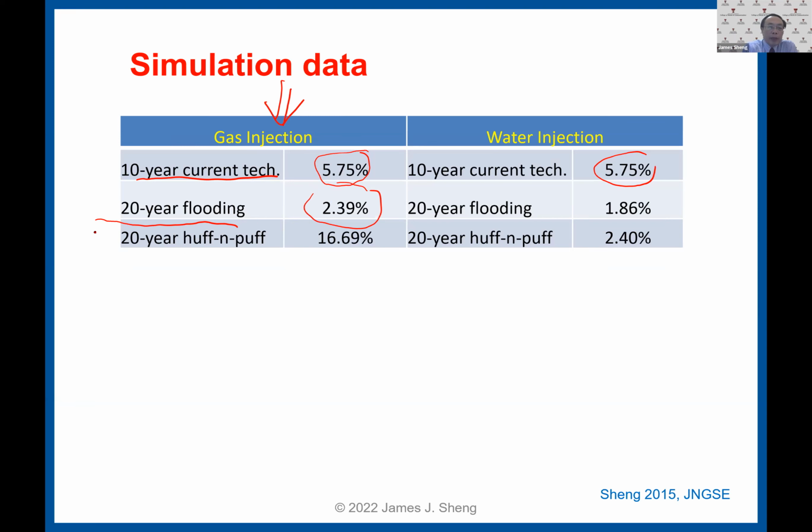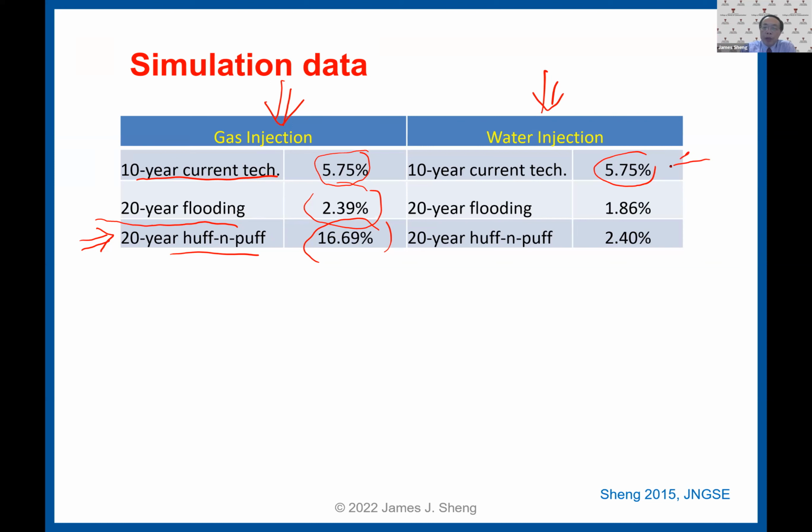Then I changed it to 20 years of huff and puff mode. So now we get 16.69%. So you can see this huff and puff EOR potential is much higher than flooding. Similarly, let's look at water injection.